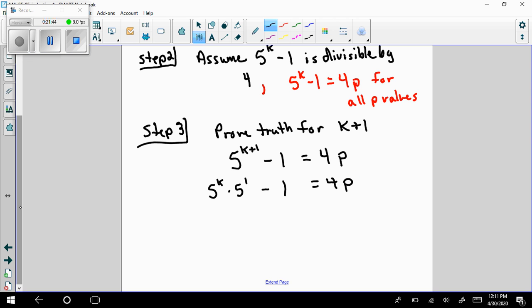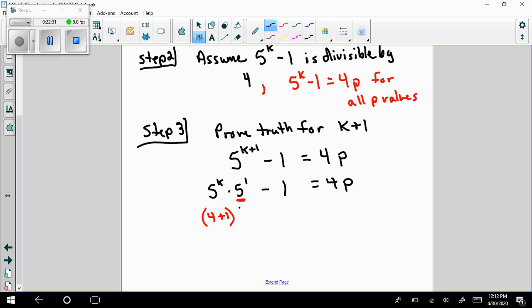Okay, so I need to take my statement on the left and somehow figure out how I can get a 4 out of using the number 5. So I'm going to take my 5 and change it to 4 plus 1 to the power of k. Sorry, I used the wrong number there. So I need to use my 5, just my constant 5, and change that to 4 plus 1. Sorry about that.